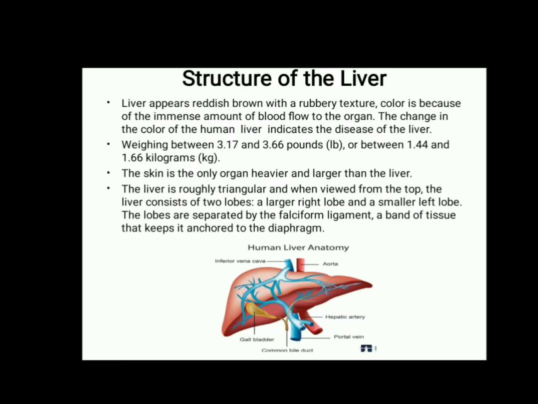Structure of the liver. Liver appears reddish brown with a rubbery texture. Color is because of the immense amount of blood flow to the organ. The change in the color of the human liver indicates the disease of the liver.